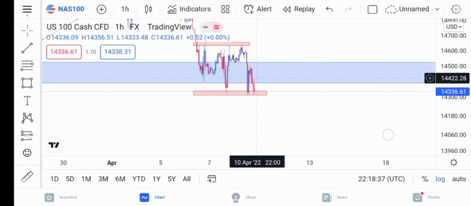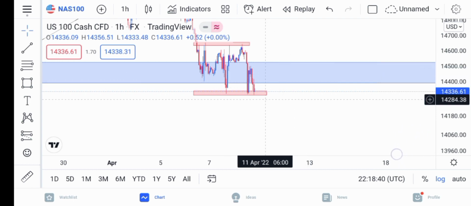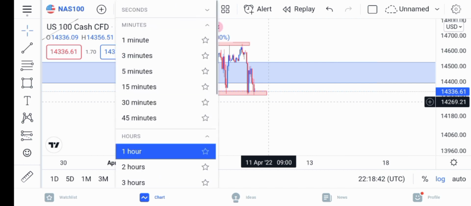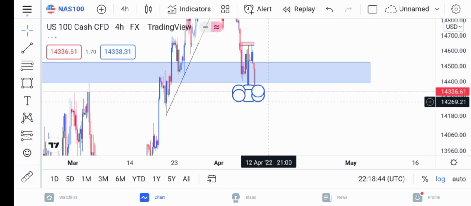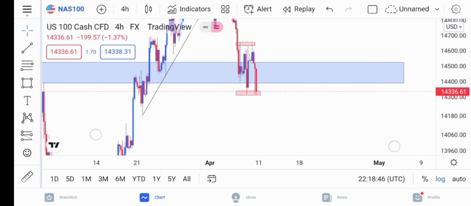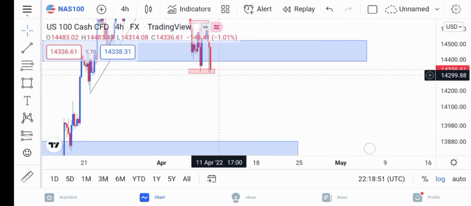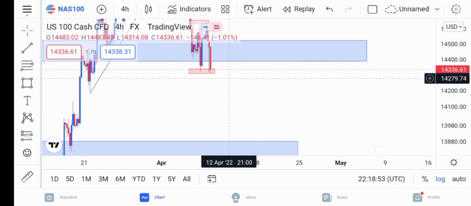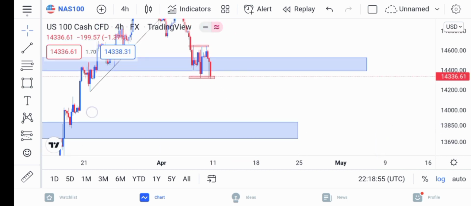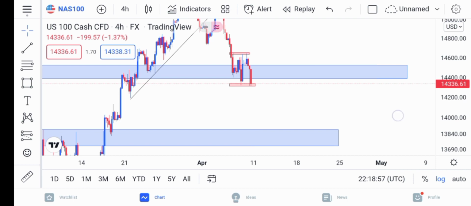If NAS100 pushes downward and closes below this, especially on the 1-hour time frame and the 4-hour time frame actually, so if NAS100 closes below this area here on the 4-hour time frame, we can simply say this is going for the sellers. So on NAS100, this is what you have.